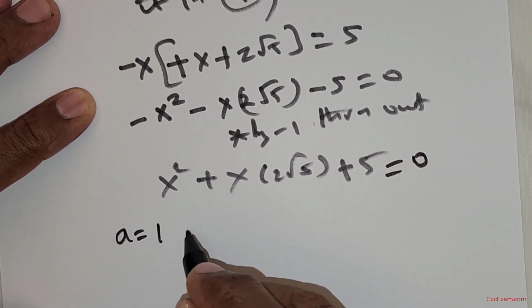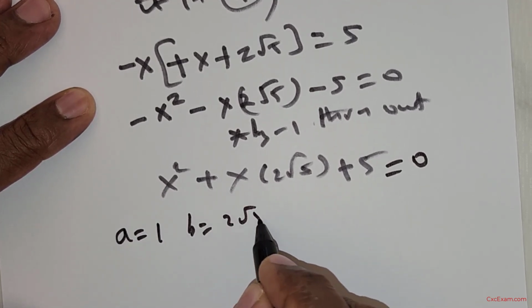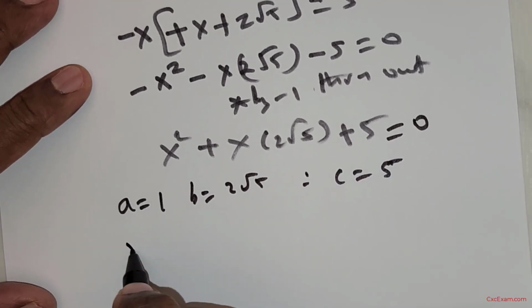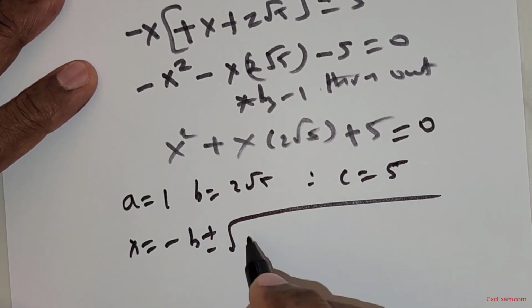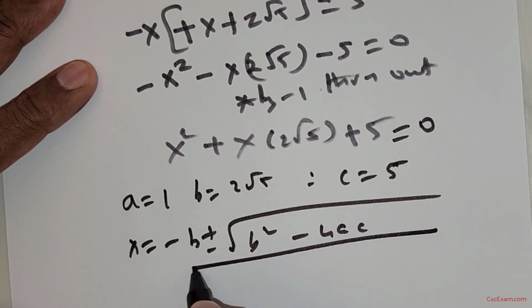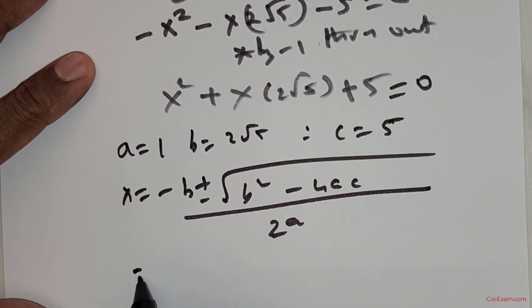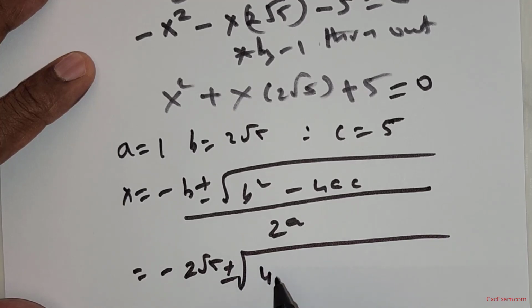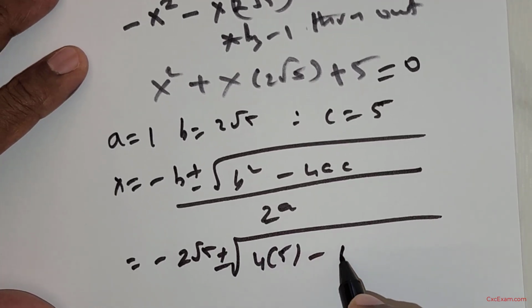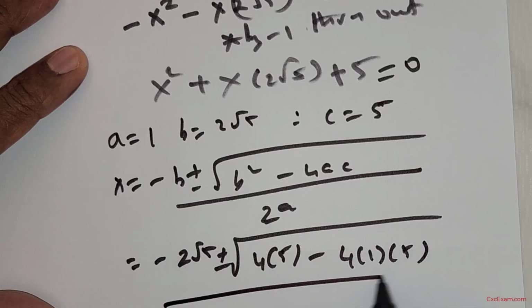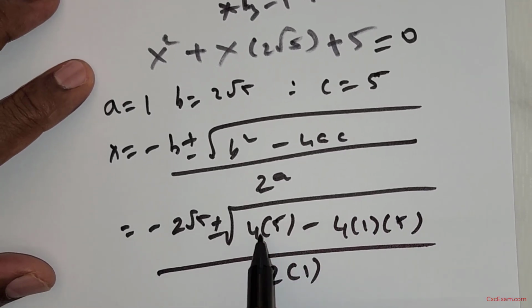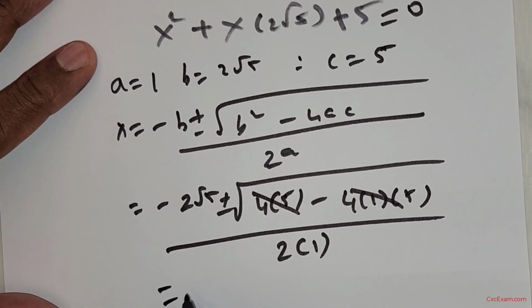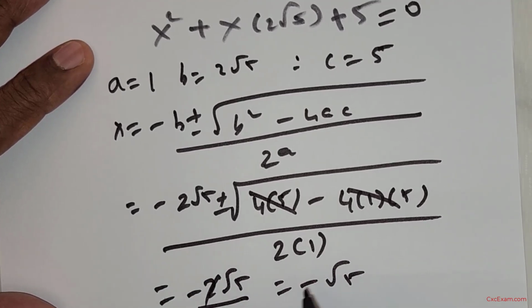Using the quadratic formula, a is equal to 1, b is equal to 2 times root 5 and c is equal to 5. x is equal to negative b plus or minus root of b squared minus 4ac, divided by 2 times a. So it's going to be negative 2 times root 5 plus or minus root of 4 times 5 minus 4 times 5, divided by 2 times a. Now the discriminant vanishes, so you have negative 2 times root 5 divided by 2, which is nothing but negative root 5.